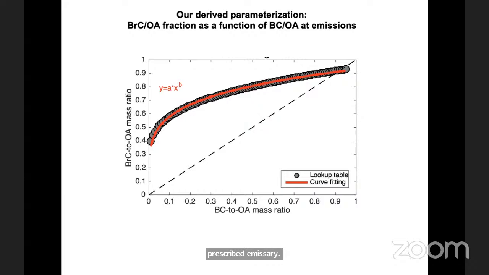So this BC to OA mass ratio is known from the existing emission inventory. Then using this relationship or parameterization, we can calculate the brown carbon emission mass concentrations. That's one of our novel ways to do this.